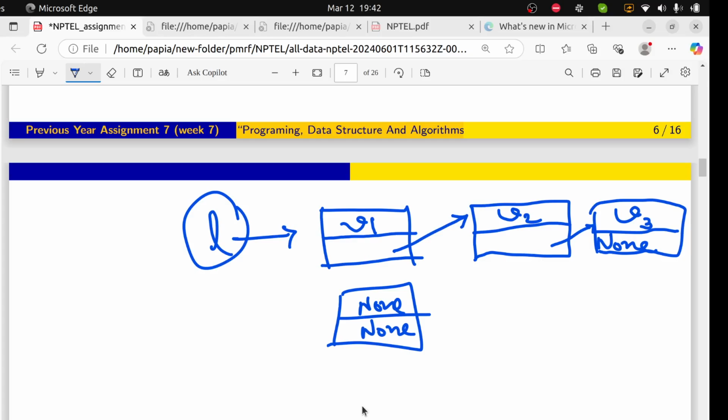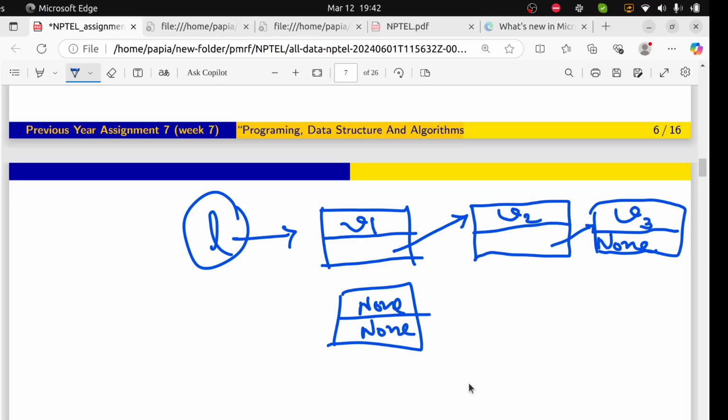Actually, ma'am, concept-wise it is okay, like appending to a list, deleting an element from the list, bypassing. But if you ask for the program, then it goes wrong.